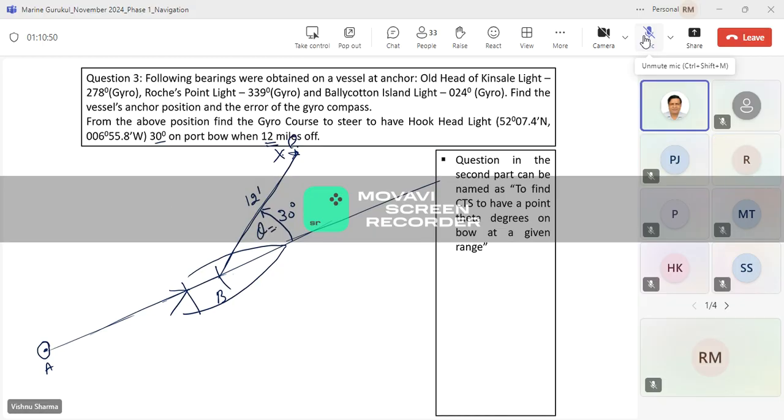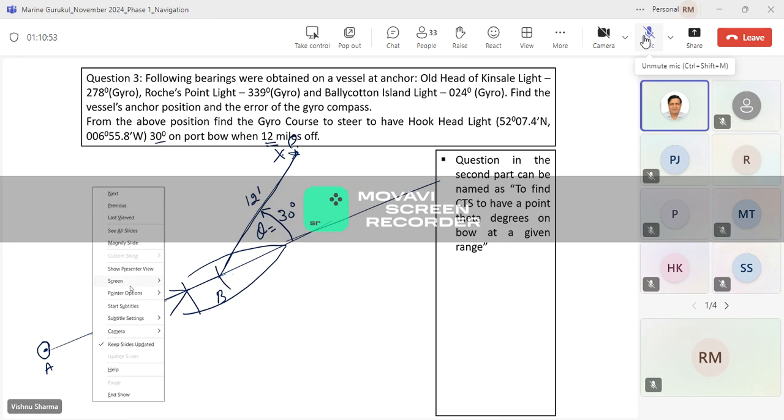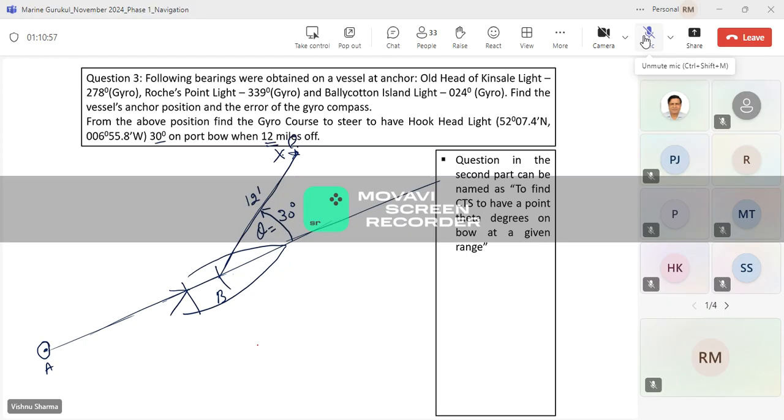Now, if I continue on the same course, then I will reach a point where Hook Head will be abeam. So when I reach somewhere here, Hook Head is abeam. Now this is making an angle of 90 with my course. This point, let me call it C. What is XC called?